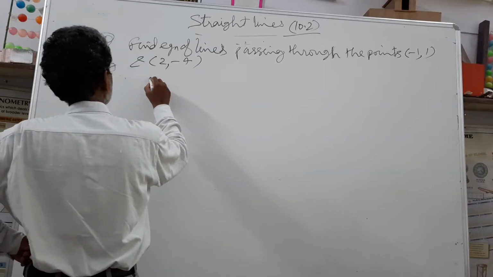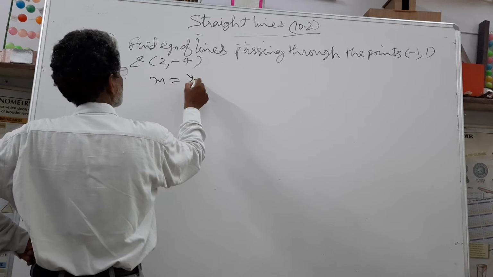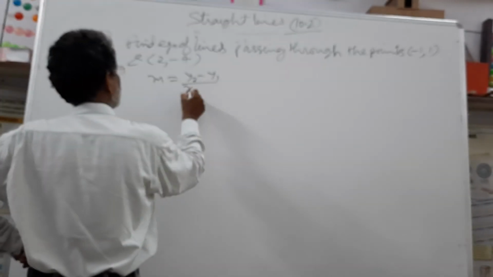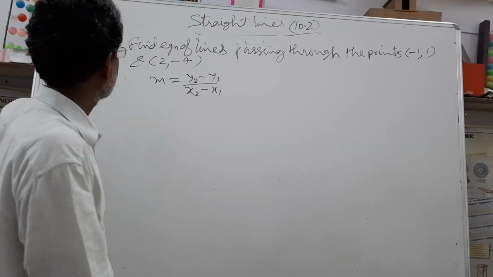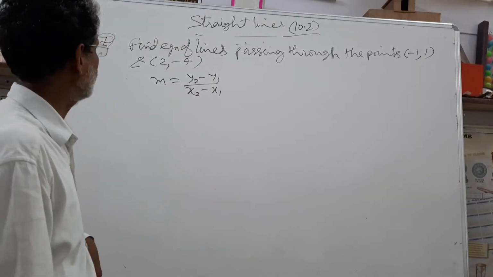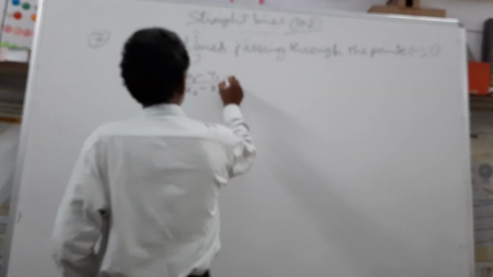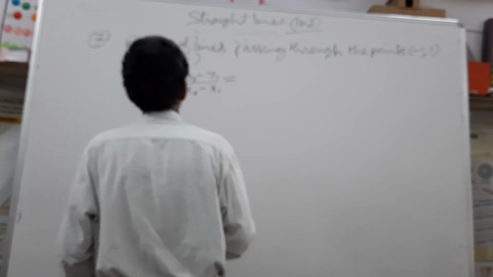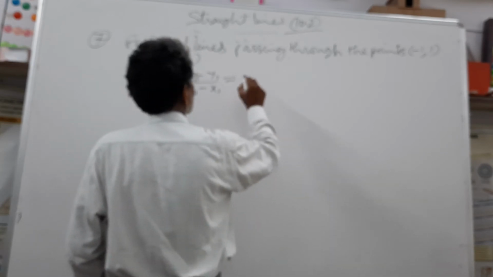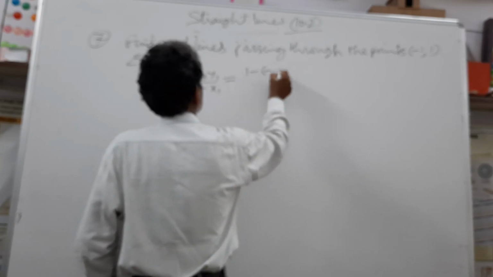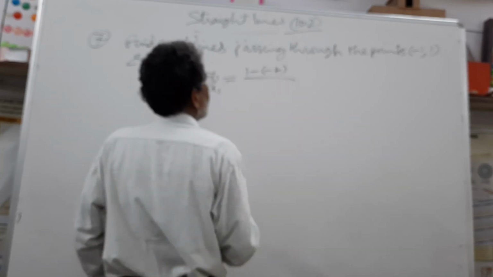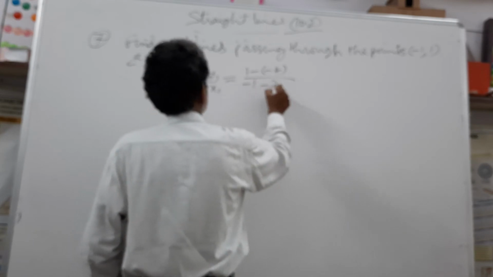As you know, value of m is y2 minus y1 upon x2 minus x1. Here x1, y1, x2, y2 are given. So this implies m is equal to 1 minus minus 4 upon minus 1 minus 2.